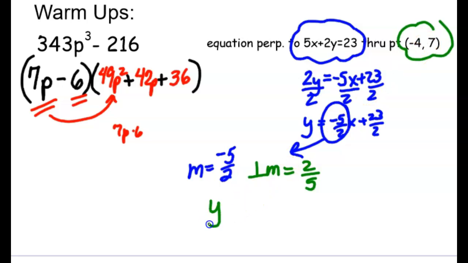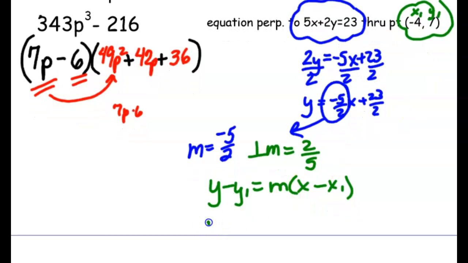And now we got to use this lovely point. So we're going to go y minus y sub 1 equals m times x minus x sub 1, where this is our x1 and our y1. So what will that say? Y minus 7 equals our new slope of 2/5, x minus negative 4, or plus 4.